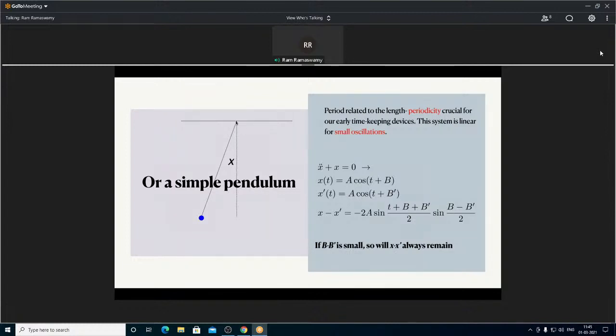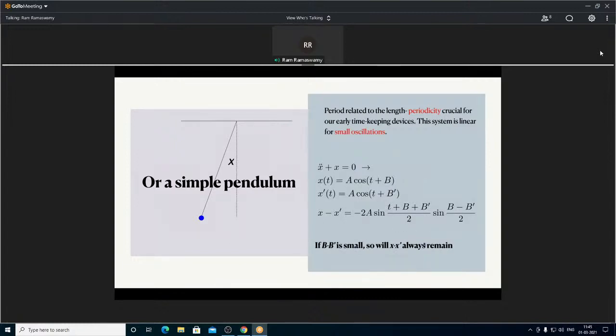But if I take the pendulum and let it swing, starting at this particular point, or I start it ever so slightly differently and let it go, then the difference between the two solutions, x of t and x prime of t, which differ only in a small change in the initial position, you can work out very straightforwardly.